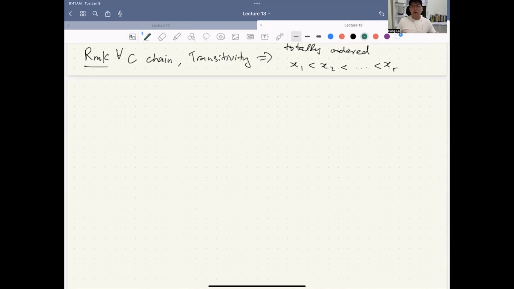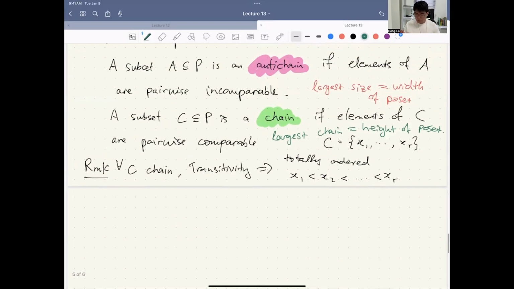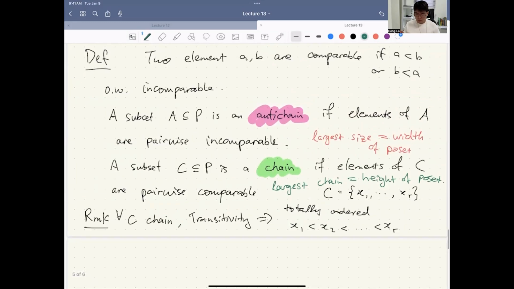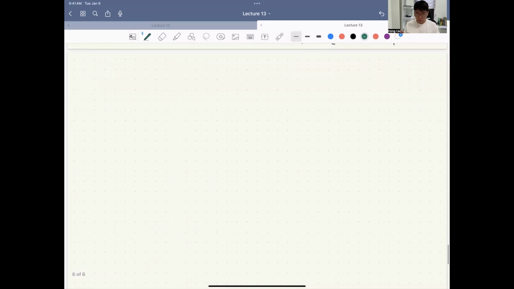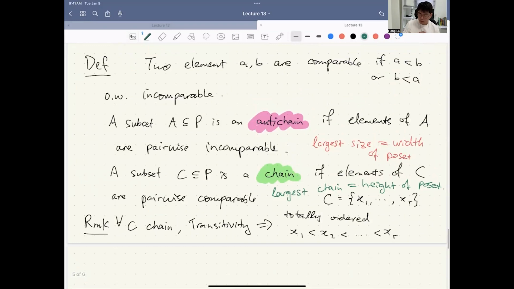Now we can talk about a very important result about posets, a duality statement. So how do we talk about this duality statement?